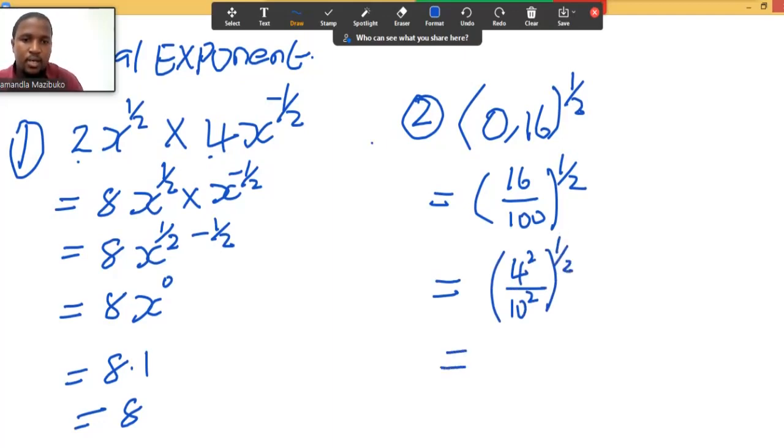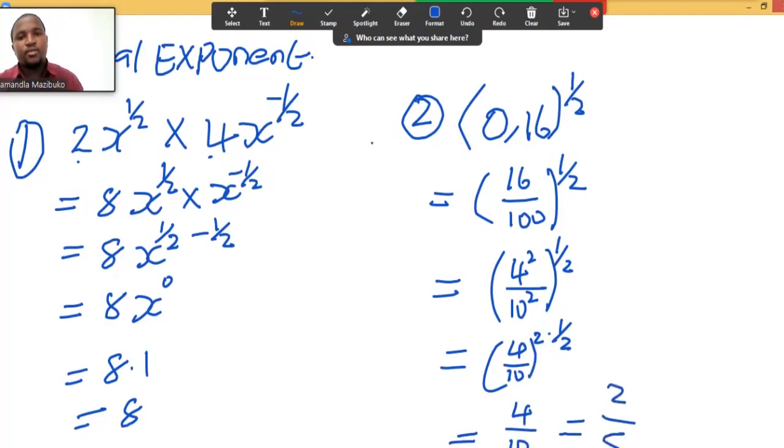And this is nothing but 4 to the power 2 over 10 to the power 2, times 1 over 2, and this gives us nothing but 4 over 10, but we can still have 2 over 5, because 2 goes 2 times into 4 and 5 times into 10. So this is how we can simplify this expression.